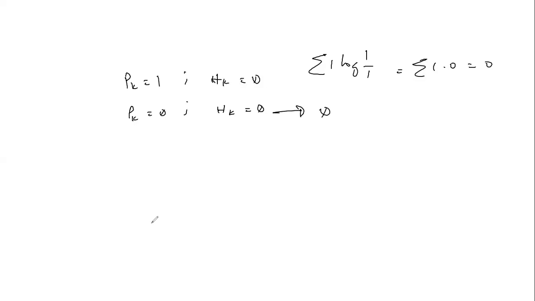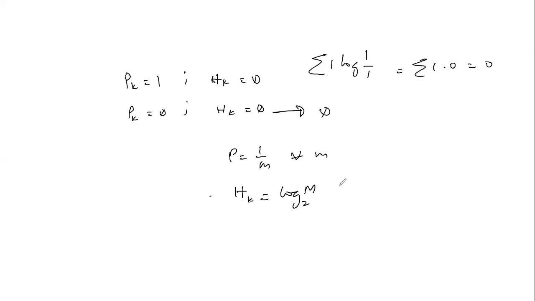And if the symbols are equally likely and independent, that is P is the same as 1 over m, all the elements in the distribution have the same probability for all m, then the entropy will be the same as log m base 2.